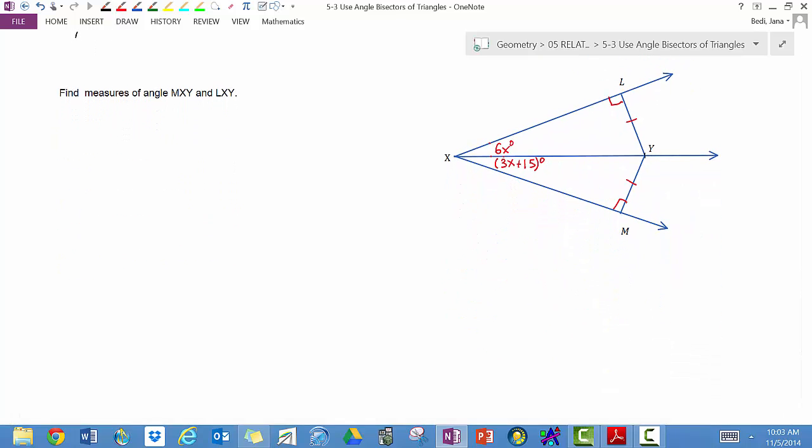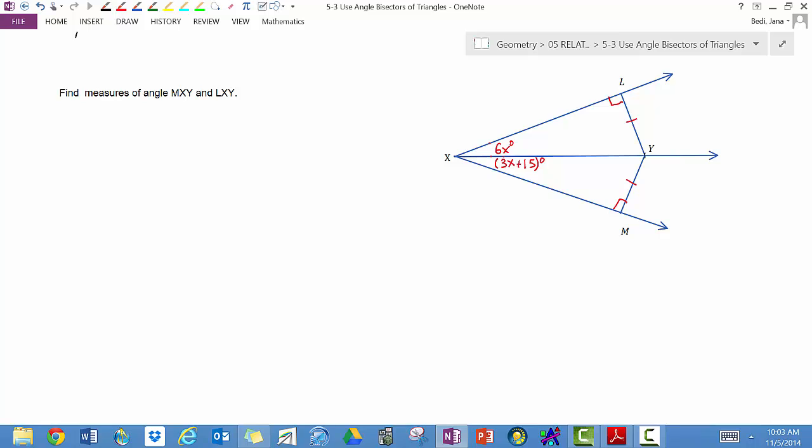Okay. Here, if we look at the diagram, we are not told, or we can't see from the diagram, that XY is an angle bisector.